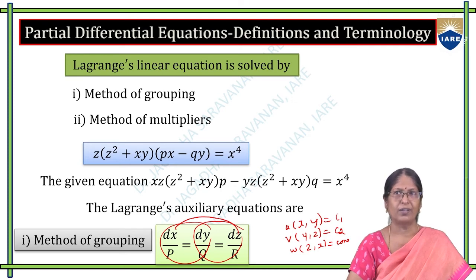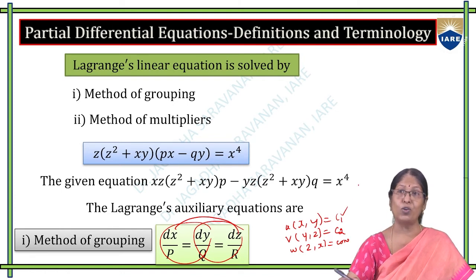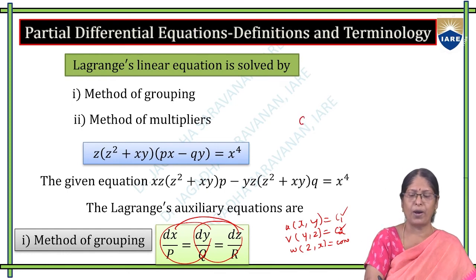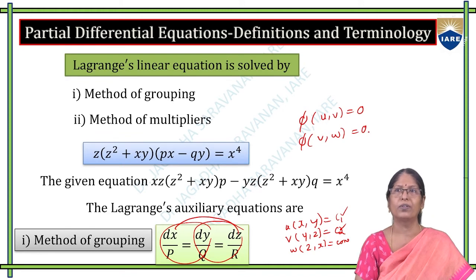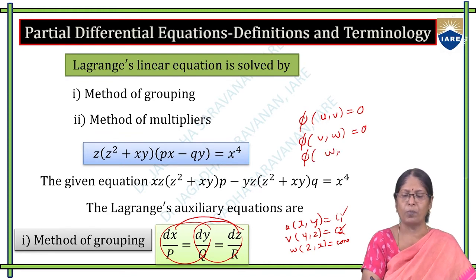So first, to fit the format, the second, our terminology, the auxiliary equations: among the members 1, 2 this is the solution we obtain, otherwise 2, 3, or the third and first members combined. The general solution we write is phi of u, v equal to 0, or phi of v, w equal to 0, or phi of w, u equal to 0 respectively.